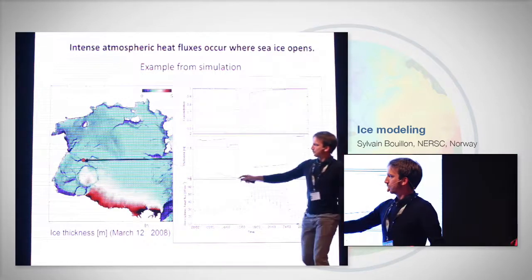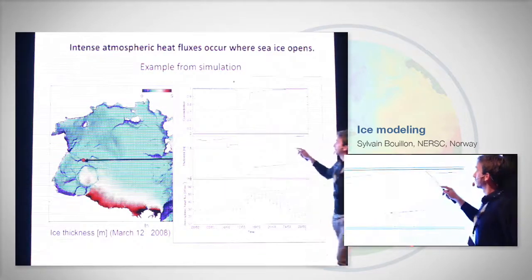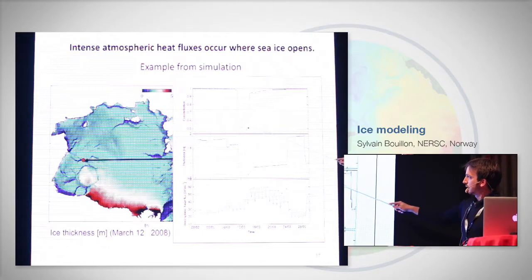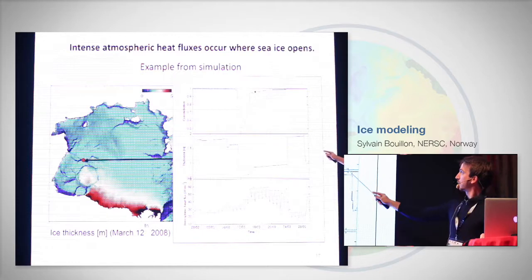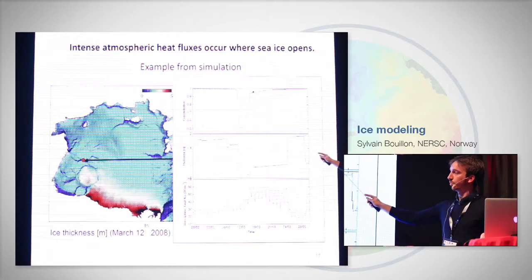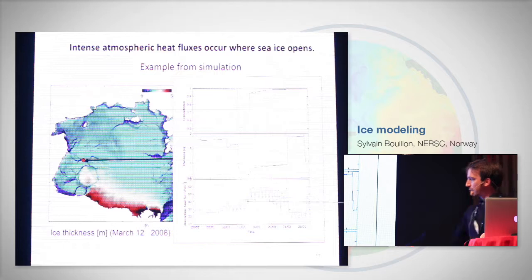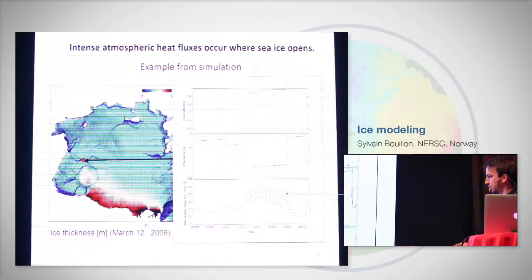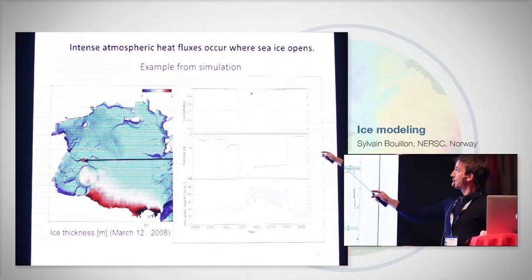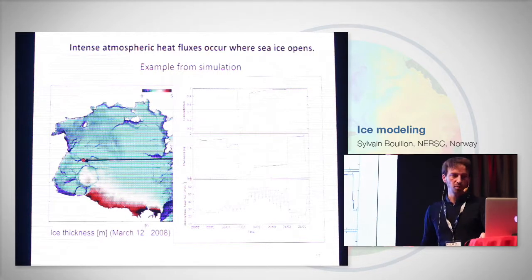And here is an example where we open a lead, so the concentration drops. Then we close the lead a bit dynamically, and then we close it thermodynamically by forming new ice. And what is interesting to see is that the heat fluxes are much larger while the lead is still open.